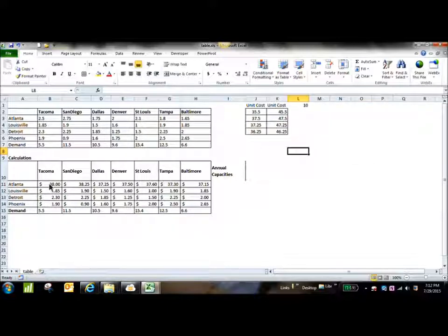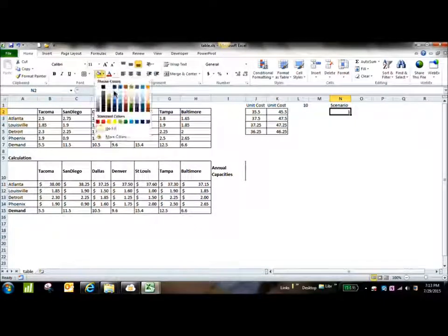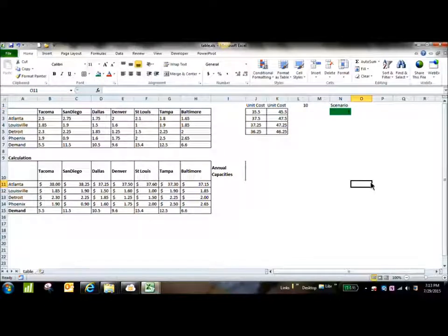And what I would do is I can put scenario, and I can put here 1 for now, and just mark it in green. Okay?